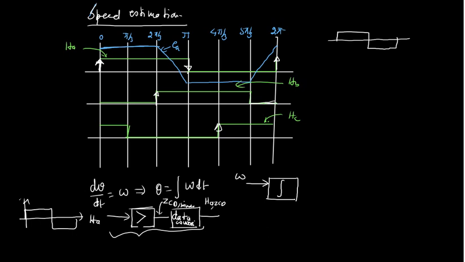If you integrate it from rising edge to rising edge, this is Hall A, then you get a value of theta. By doing that, you will get the information of the angular position from here to here by integrating it. This is the angular position theta.